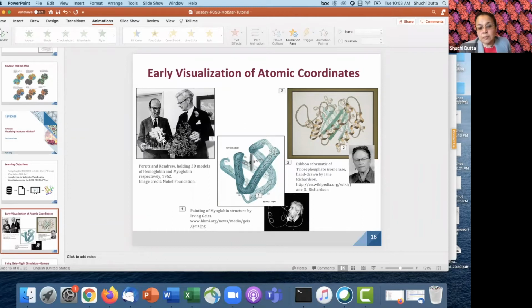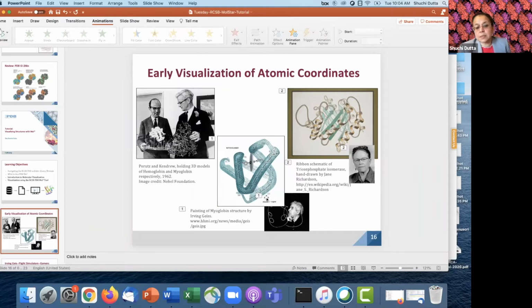And then going from these physical models, there were scientists and illustrators who took this information contained in that all atom model and distilled certain parts of the structure.